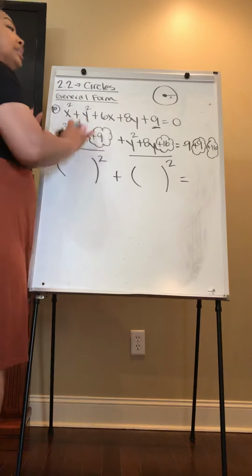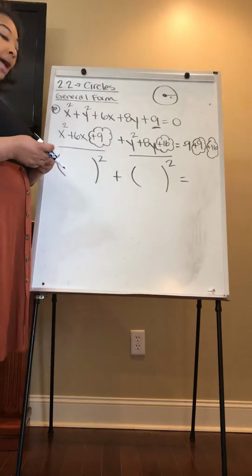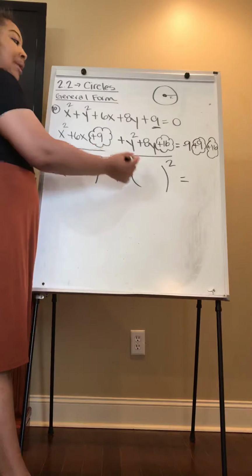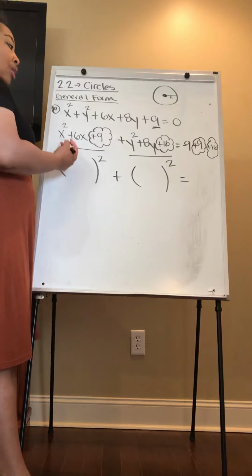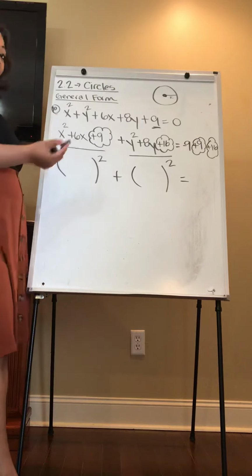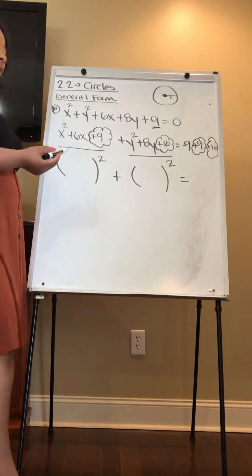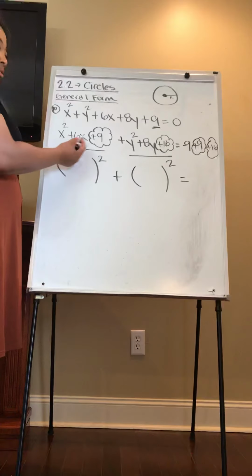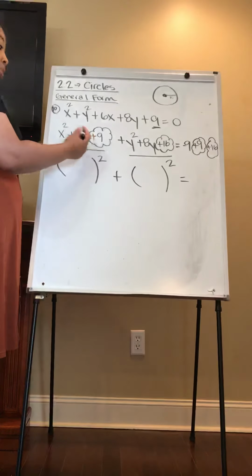Now if you don't want to look at this as factoring, okay, I need you to know that what you put in these two parentheses are going to be the same variable, the same sign, and half of the middle term. Now what I mean by factoring is you got these 3 terms, this trinomial.